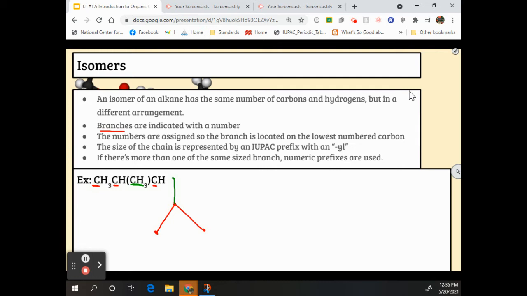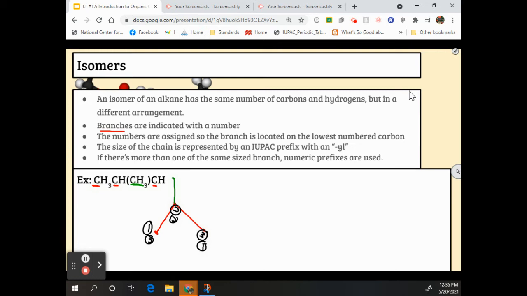To name it, I want to find the lowest numbered branch where this CH3 group lives. So I can number it from left to right. I can go 1, 2, 3. And numbering it this way, I'd find that the CH3 group is on the 2nd carbon. Well, I could go this way too. 1, 2, 3. And it'd still be on the 2nd carbon.